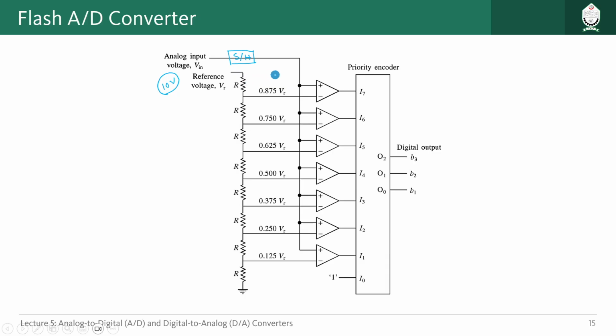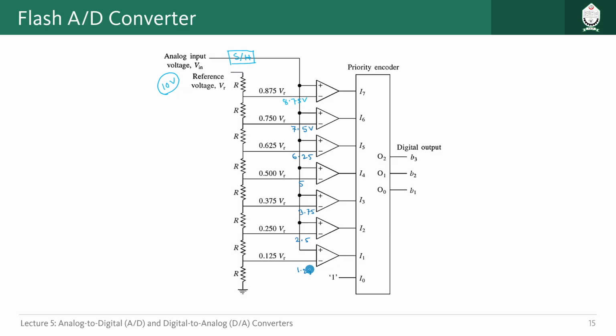So through this path we are going to get 8.75 volt, right? Then after this resistor 7.5 volt, then here 6.25, then here 5 volt, then 3.75, and here 2.5 volt, because the value is 10 volt. So 0.875 multiplied by 10 is equal to 8.75. In this way we have found out the values.